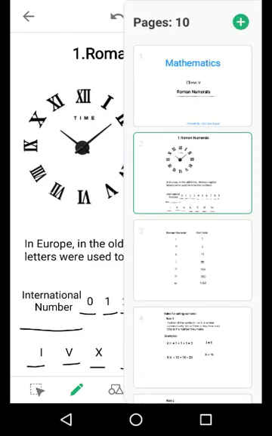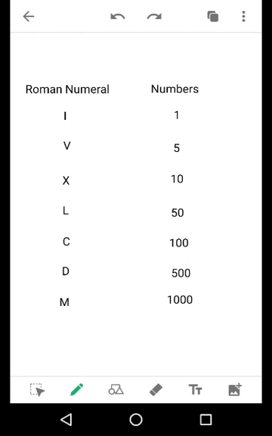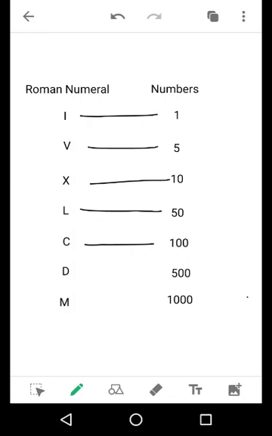I represents 1, V represents 5, X represents 10, L represents 50, C represents 100, D represents 500, M represents 1000. In this Roman numeral system, there is no symbol for 0. Also, the value of a symbol does not change with its place.